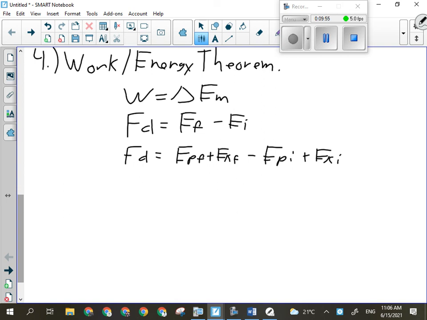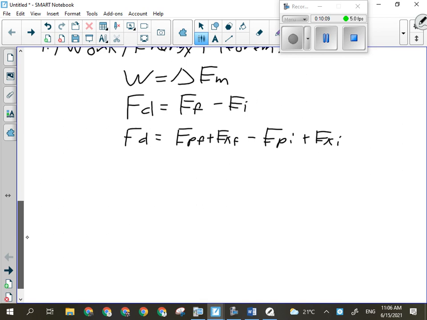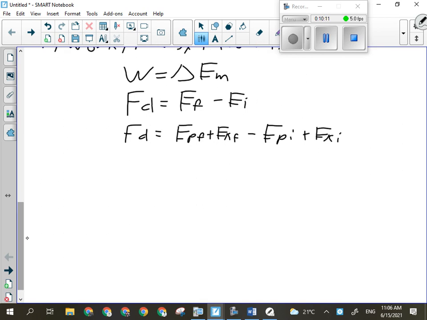Further expanded out, that's final potential plus final kinetic, minus initial potential plus initial kinetic. So a question like that could work something like this.